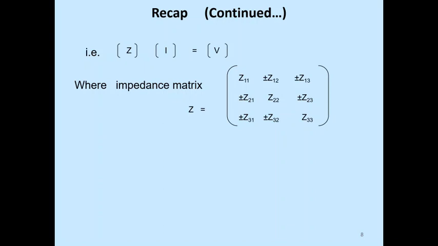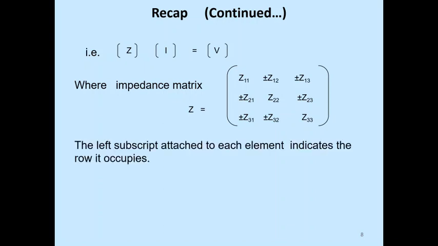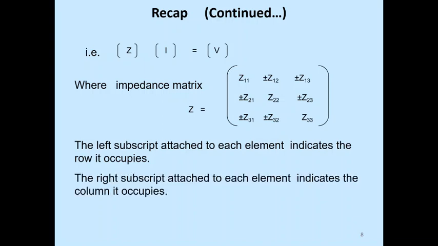So the impedance matrix is Z11, Z12, Z13, Z21, Z22, Z23, Z31, Z32, Z33. The left subscript attached to each element indicates the row it occupies, and the right subscript indicates the column it occupies.